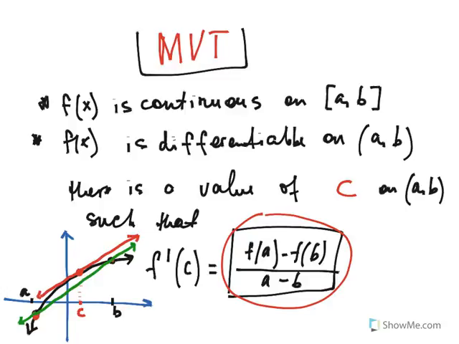By the way, these two are equal to each other when your lines are parallel, right? So you can always find somewhere between a and b a point x equals c where your tangent is parallel to the secant line. I hope this makes sense.